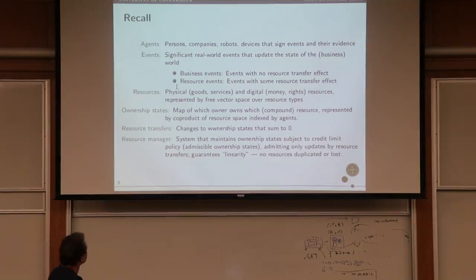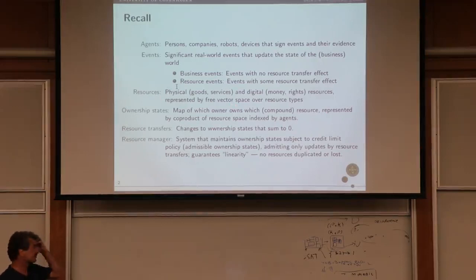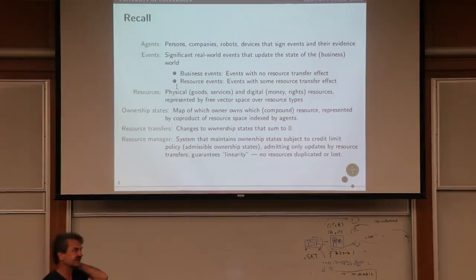And by resources, we meant to model physical and digital resources, and we represented them by a free vector space over resource types, okay? So the resource types are the kinds of goods, of money, and services that we add and subtract from. So the ownership states, that represents who owns what. I mean, which agent owns what, and owning in the sense of has control over it.